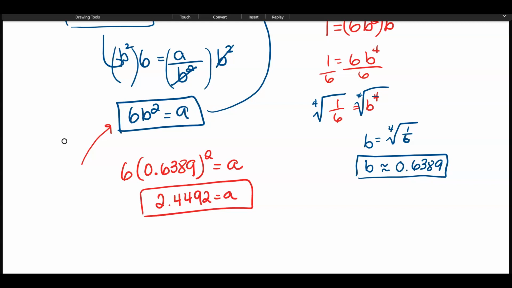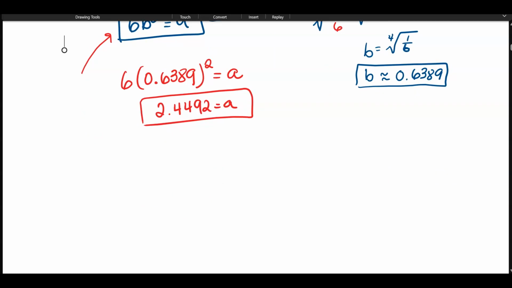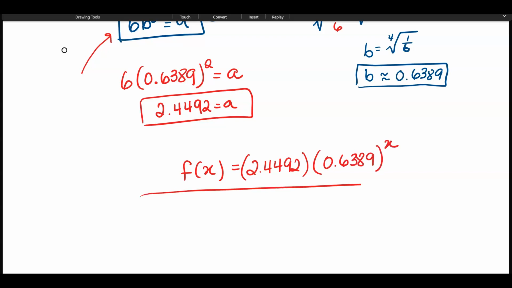So we found both our a and our b, so we can now write out our equation to be f of x is equal to our a, our initial value, so here's 2.4, times our base, our b, 0.6389, and that's going to be raised to the x power. And that's it.